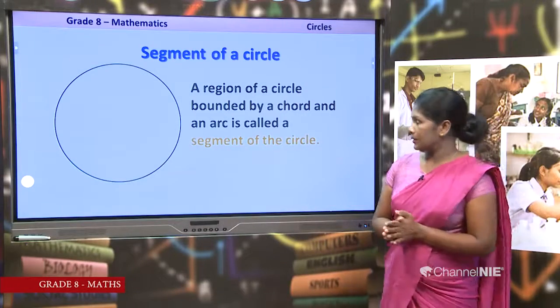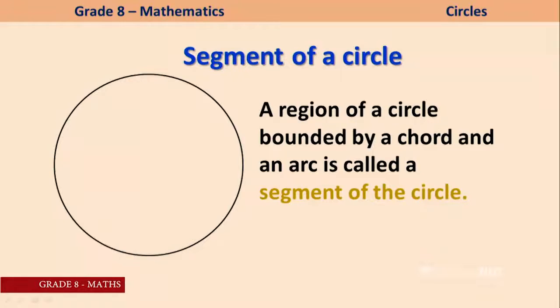Segment of a circle. A region of a circle bounded by a chord and an arc is called a segment of a circle. There is a circle and I draw a chord here and separate this circle into 2 parts.